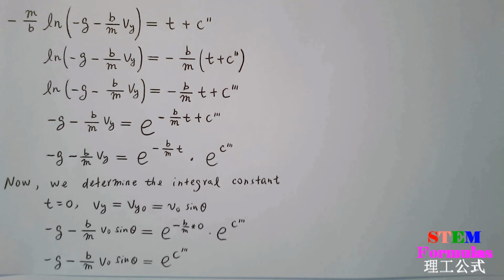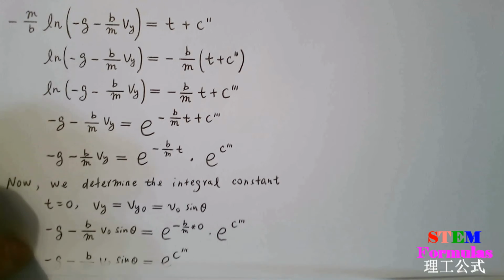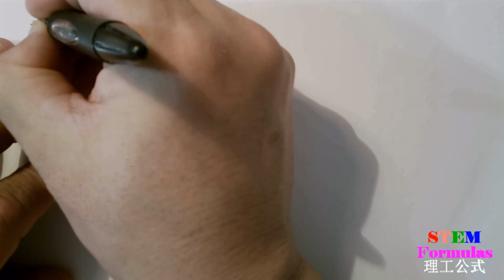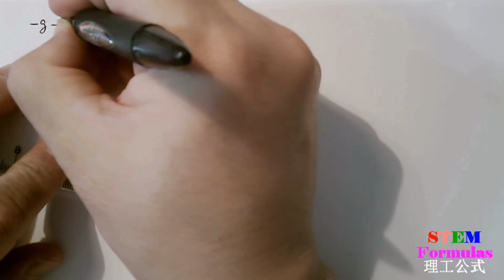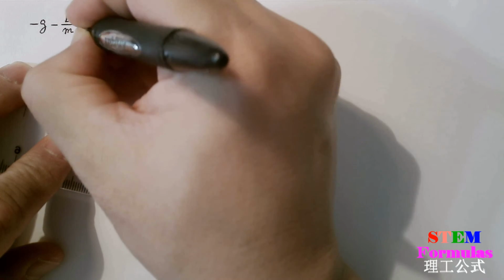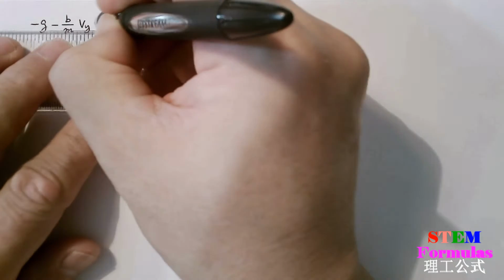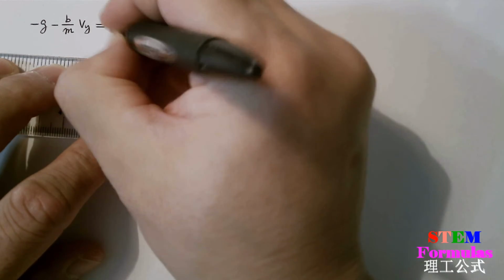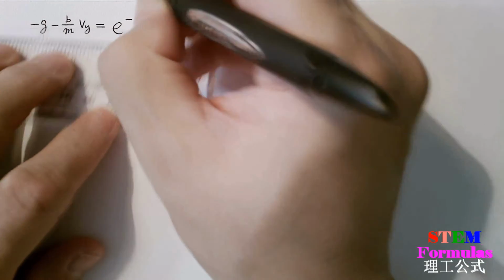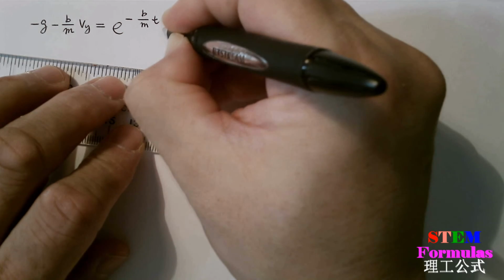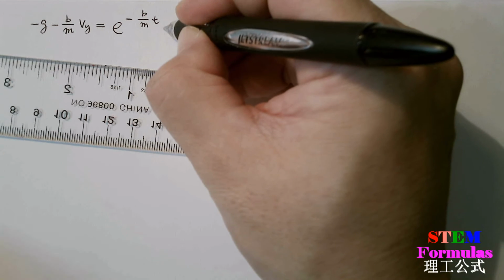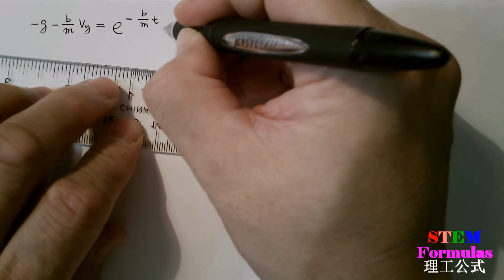Then we obtain minus g minus b divided by m Vy equal e to the minus b divided by m times t times e to the power c triple prime.